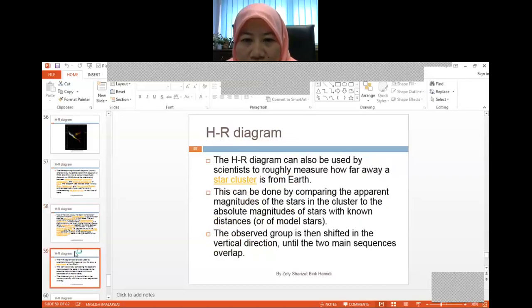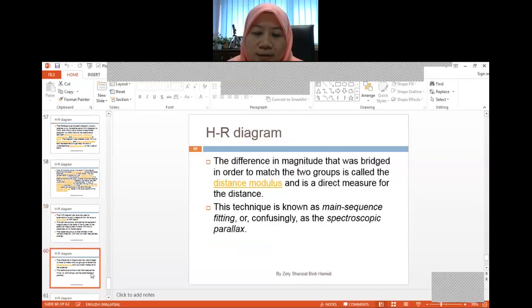It is also used by scientists to roughly measure how far a star cluster is from the Earth. So it's very important to update the HR diagram. It can be done by comparing the apparent magnitudes of the stars in the cluster, and basically we observe the group shifted in the vertical direction.